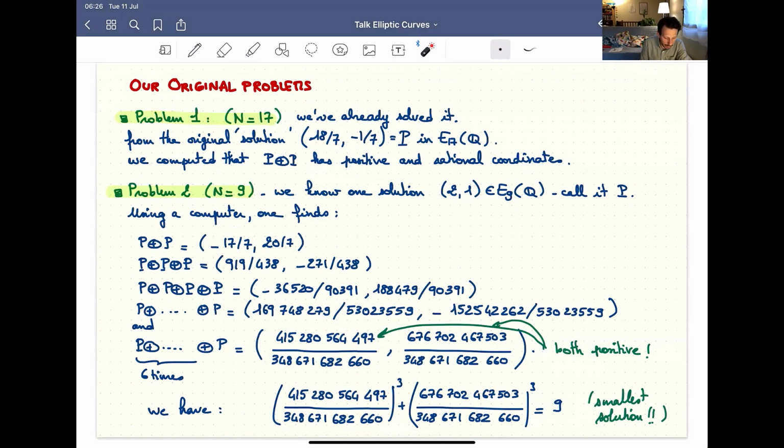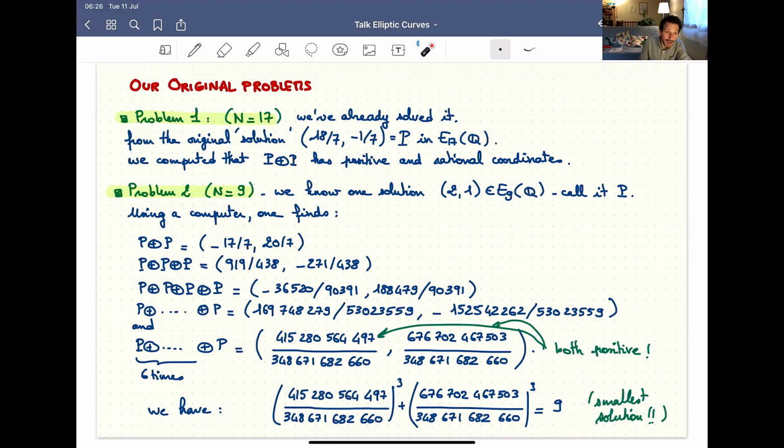So why not try P plus P plus P, 3 times P? Again, the coordinates don't seem to be both positive. The second one is negative. So let's try P plus P plus P plus P, 4 times. And then again, you find that the first coordinate is negative, so not a solution to the problem.